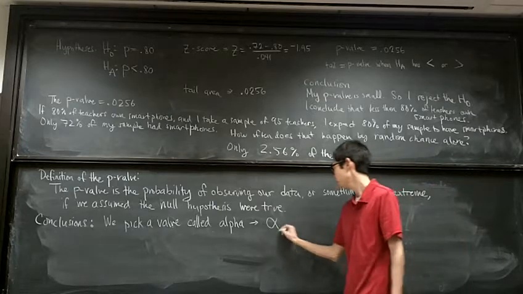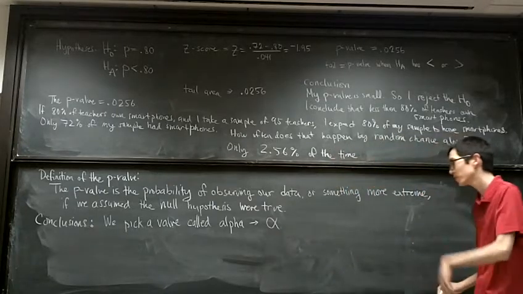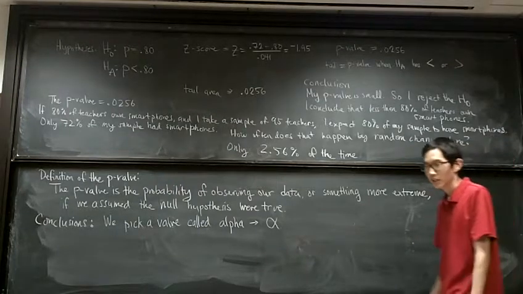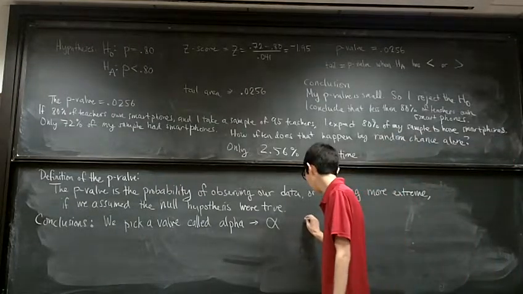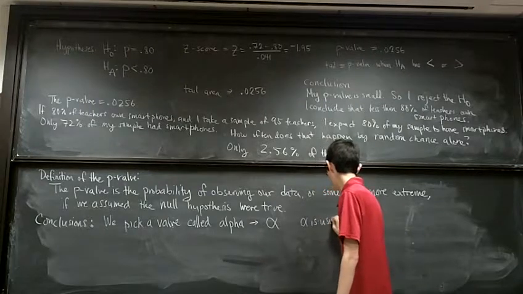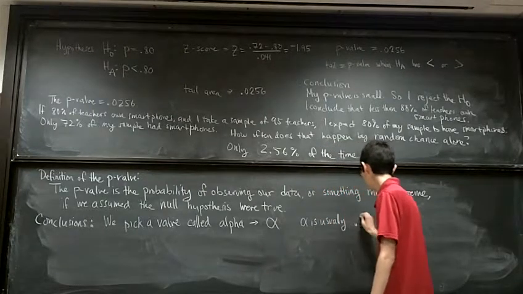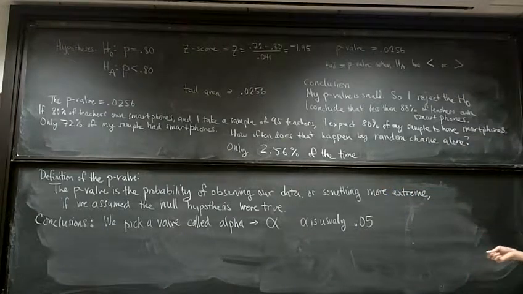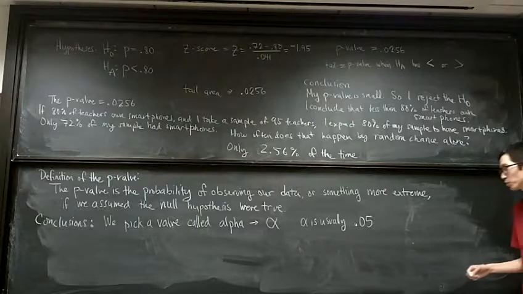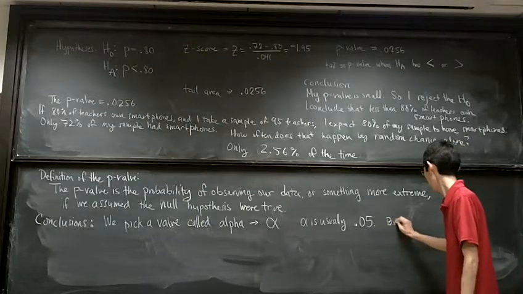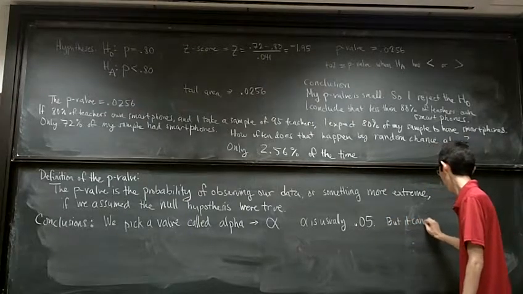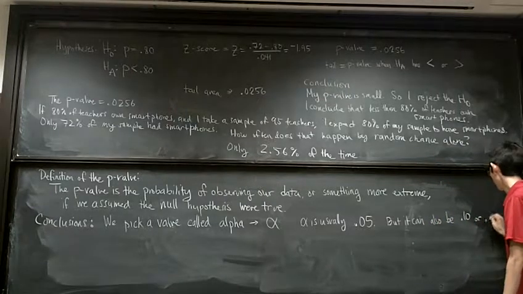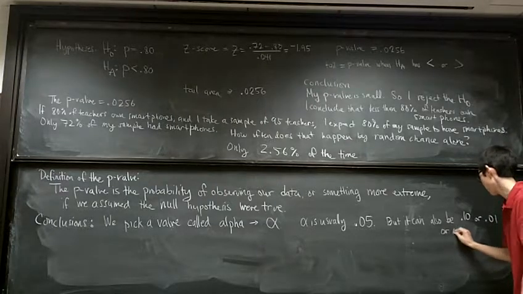It's the Greek letter for A. Usually alpha is 5%, 0.05. But you could choose alpha to be 10%, or 1%. Also 0.10 or 0.01 or other values.